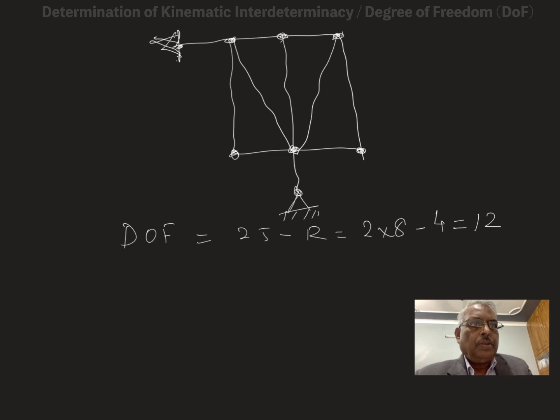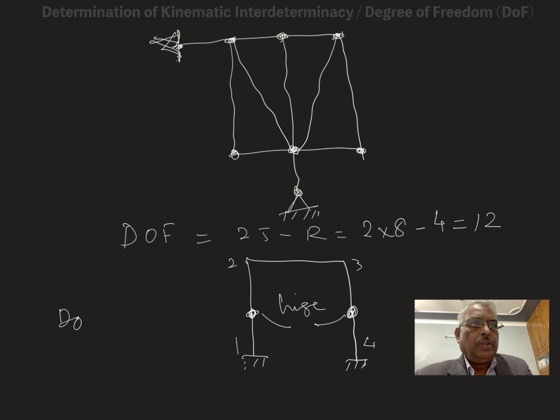Another example I am taking. So this is the internal hinge providing hinge. So 1, 2, 3, 4 joints.